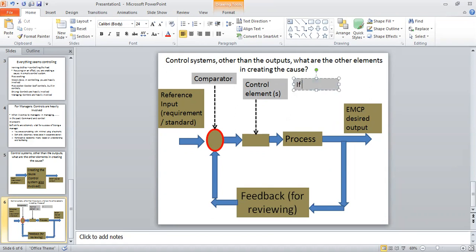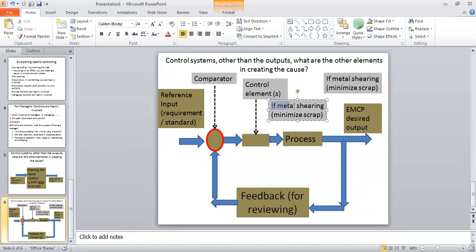If metal shearing, minimize scrap means reduce waste. Command.